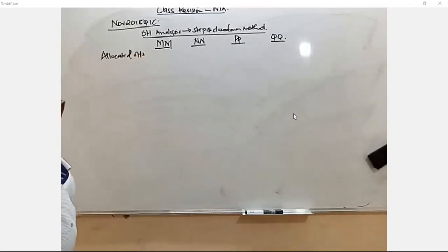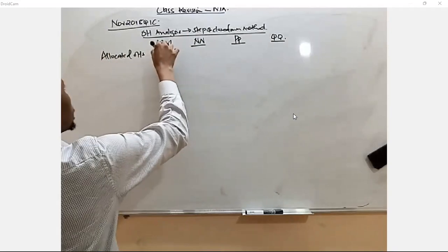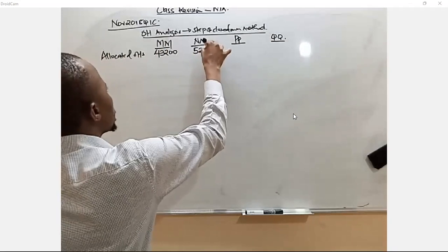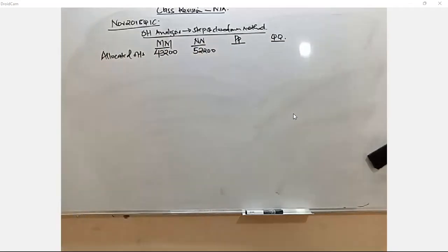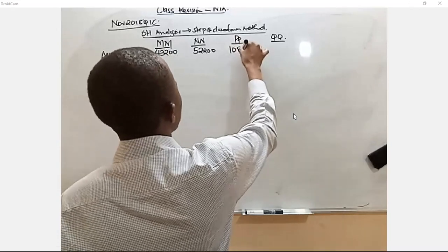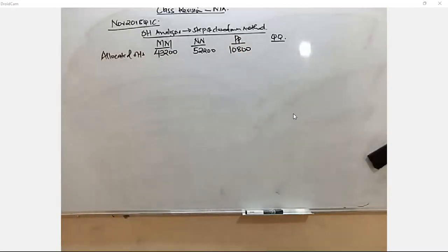So the allocated overheads for the question: we have 43,200, 52,200, I think it should be like that, we have 10,800, and then we have 7,200.